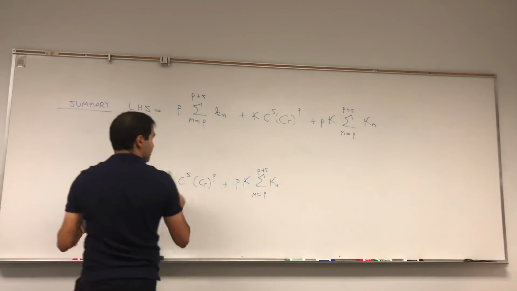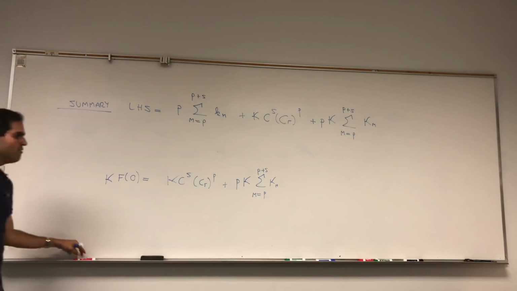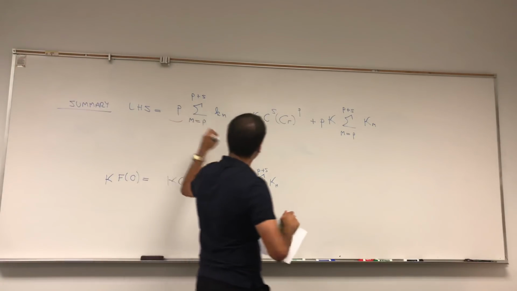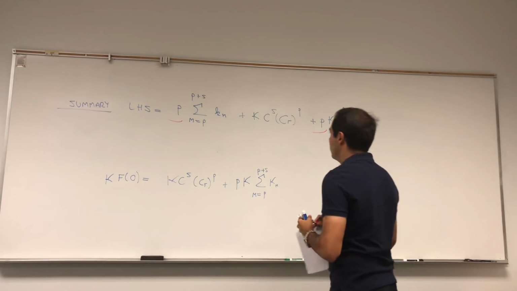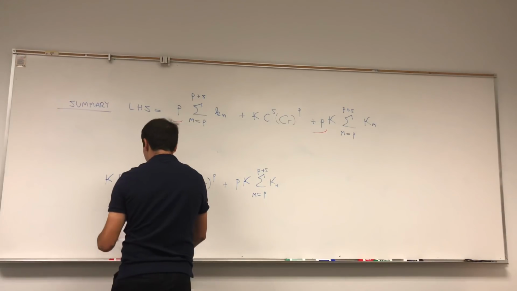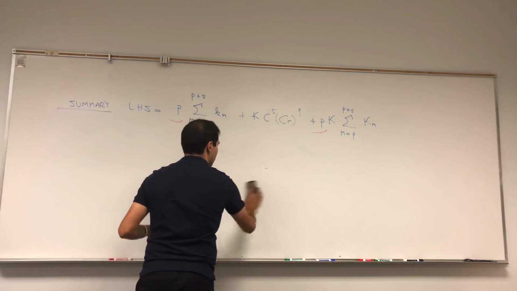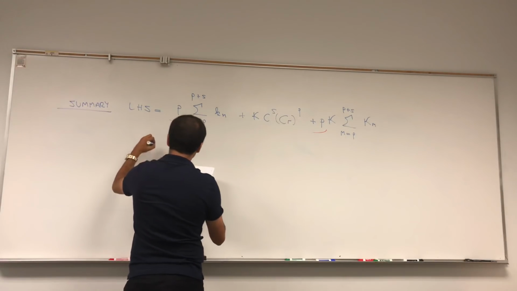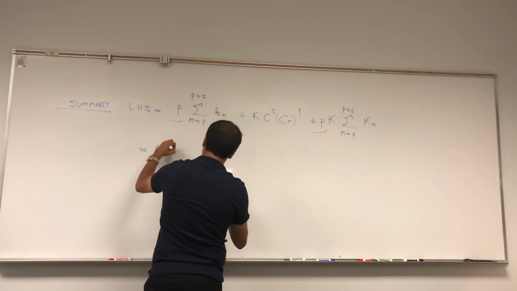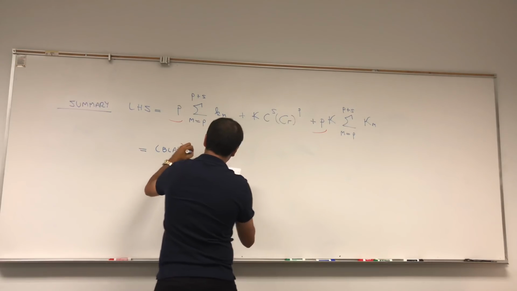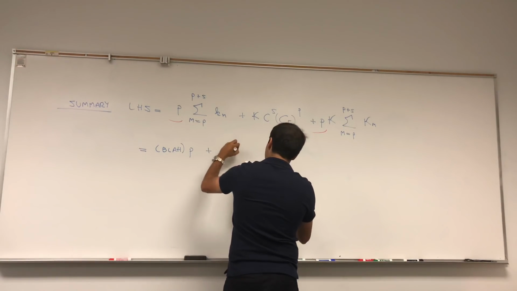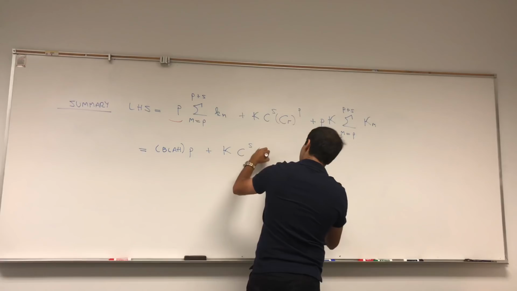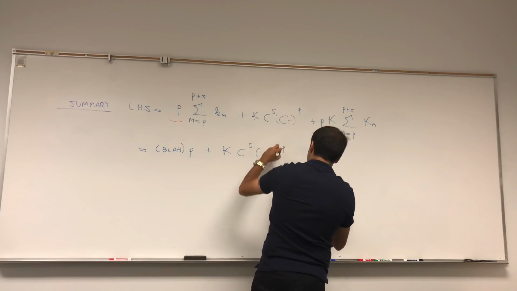So the point is, what's nice about this is we have lots of multiples of p and this other term. So what we really have is blah times p plus k c to the s, c r to the p.